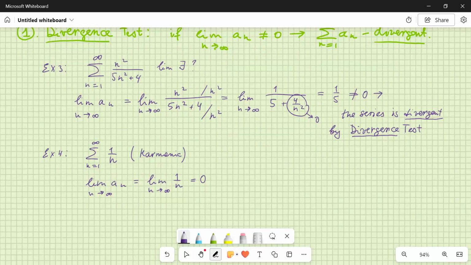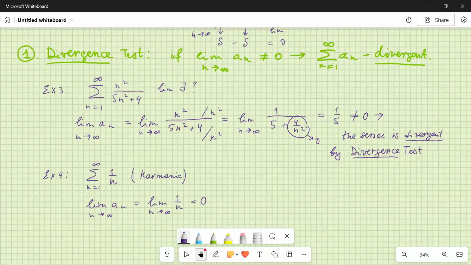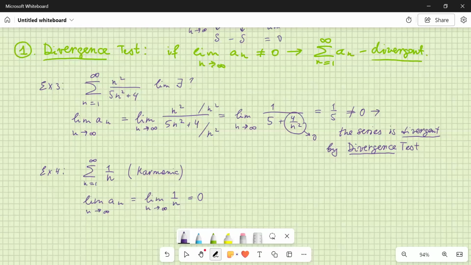Does it mean that the series is convergent? Well, guys, remember, when the term goes to zero, we don't know anything, because the test only tells us something when the term does not go to zero. When the term goes to zero, the series can be divergent or convergent.